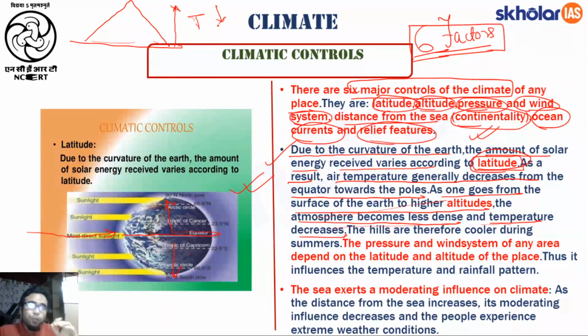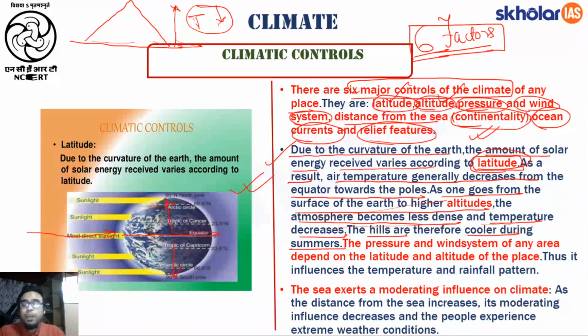So in terms of latitude, we have understood that from the equator, if we move to the poles, the temperature decreases. Similarly, as we move from the surface of the earth to greater heights, the temperature also keeps on decreasing, right? So we have understood latitude and also altitude, right? The hills therefore are cooler during the summer times, right?